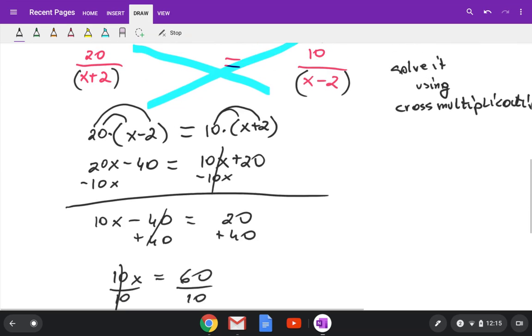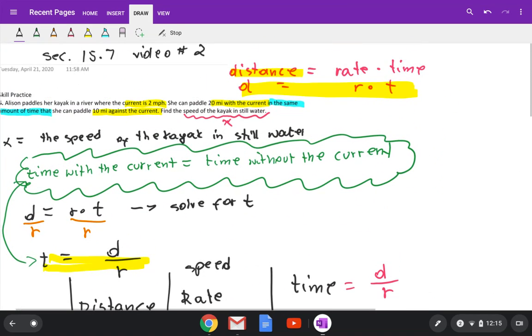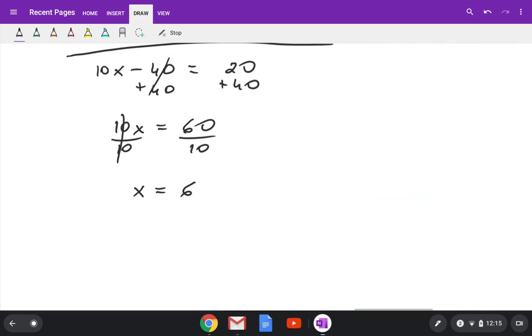So going back to the problem, x represents the speed of the kayak in still water. So 6 miles per hour is the speed of the kayak in still water.